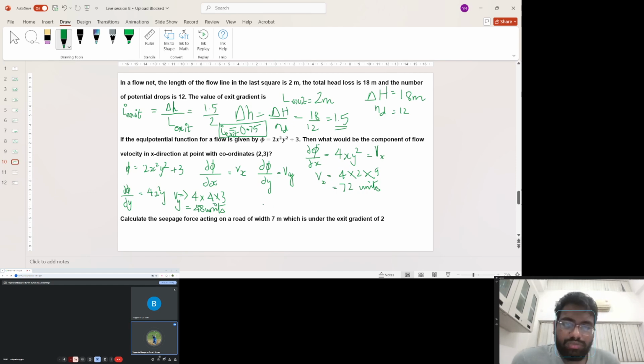Now let us extend this question by treating this as a stream function. Stream function is psi. Psi is equal to 2x square y square plus 3. Now with this as the stream function, we can calculate the velocity components along x and y.